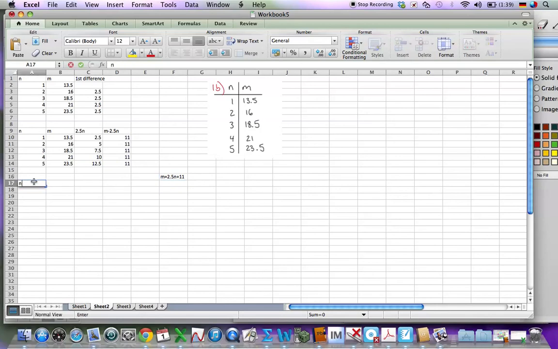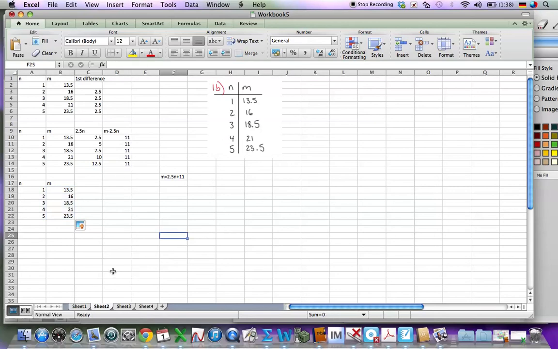N, 1, 2, 3, 4, 5, m equals 2.5 times this cell here plus 11. And extend the table, and I'm getting exactly the same as I wanted over here.